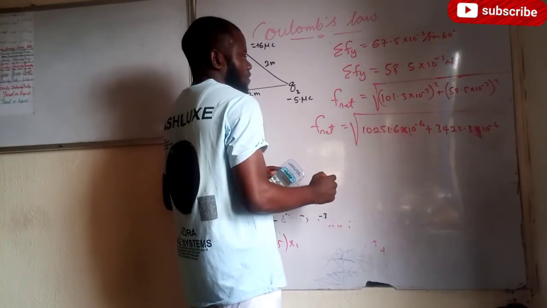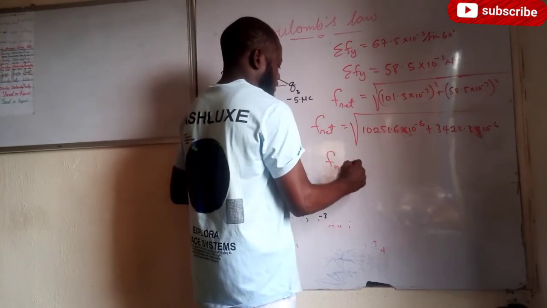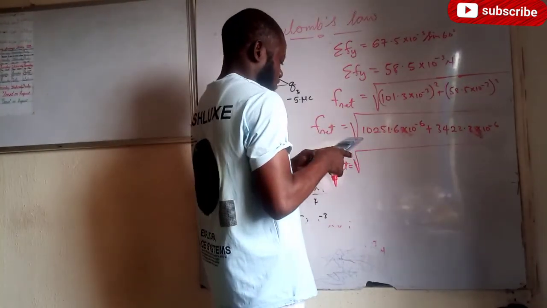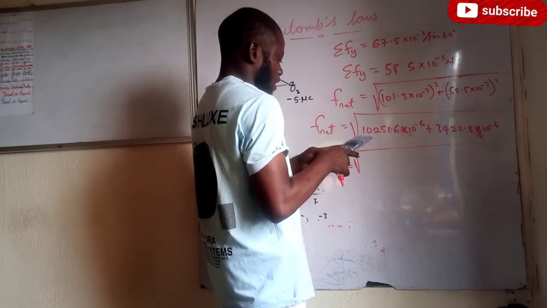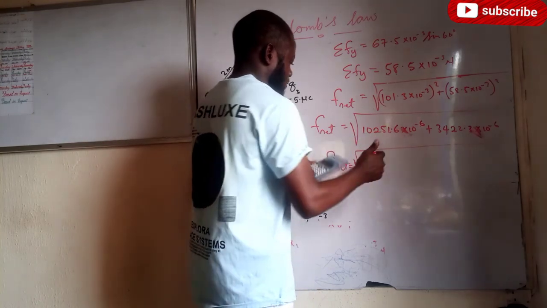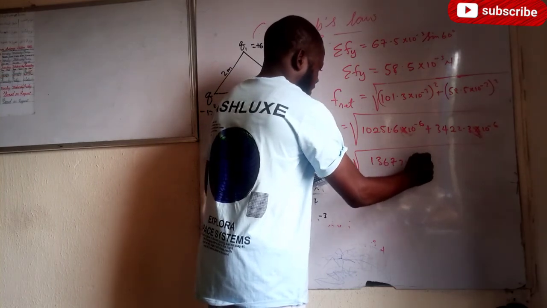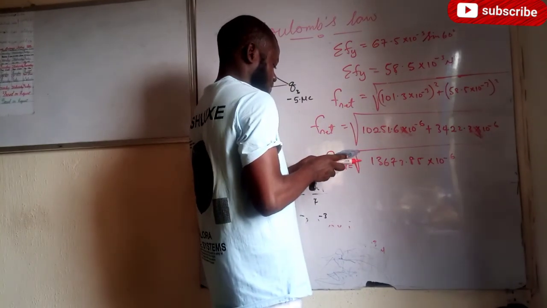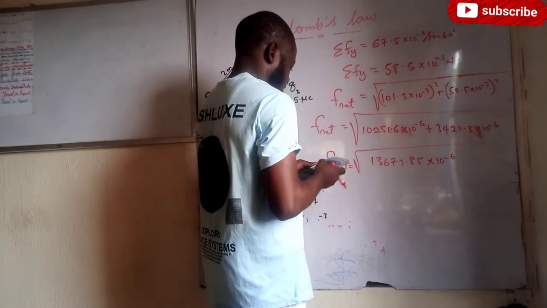Cool. Okay, so the net force becomes the square root of, so I can have these two together, 10,251.6 plus the results will give us 13,673.85 times 10 to the power of minus 6.